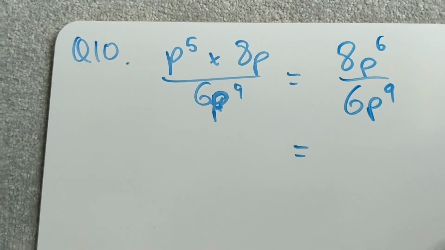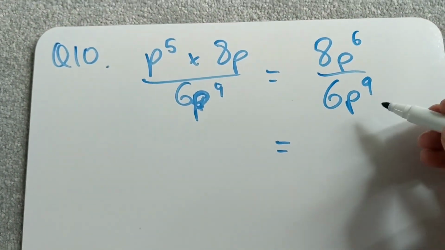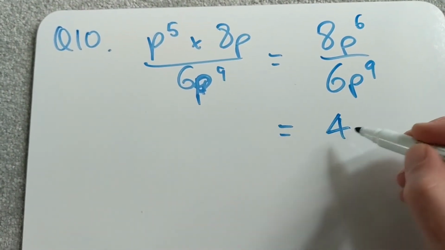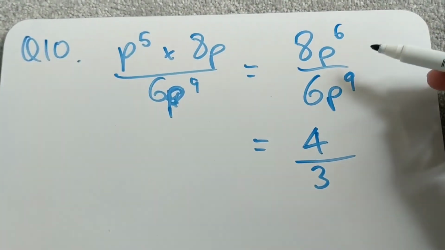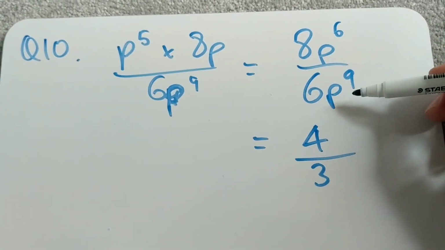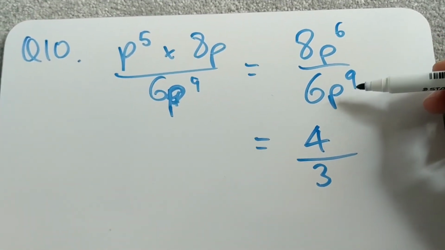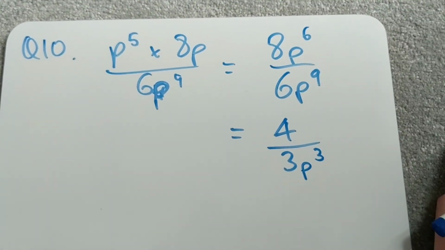Alright, then you're tidying up your answer. 8 over 6, 2 times table hits 8 and 6. Goes into 8 4 times, and into 6 3 times. If you've got 6 p's multiplying together on the top and 9 p's multiplying together on the bottom, cancel 6 to the top, cancel 6 to the bottom, and you'll be left with p to the power of 3 on the bottom.